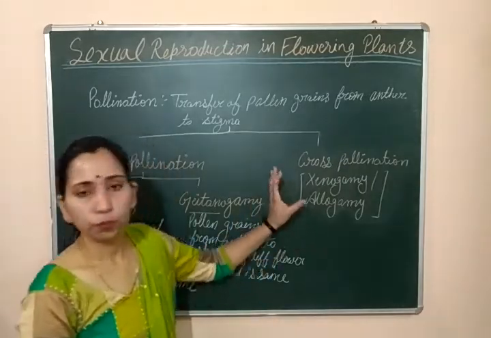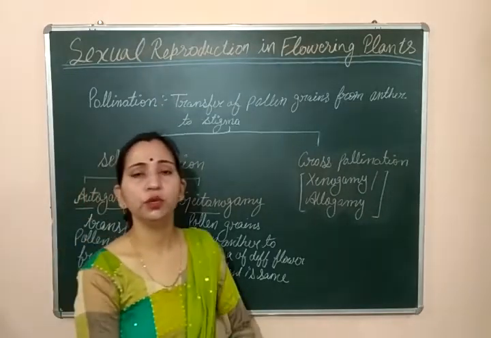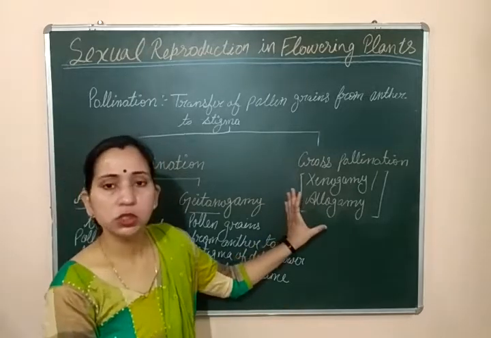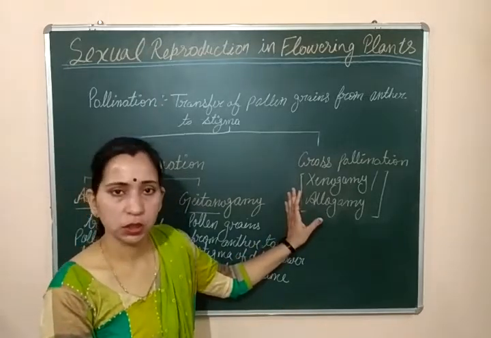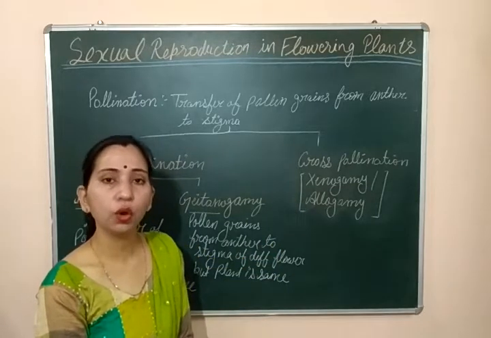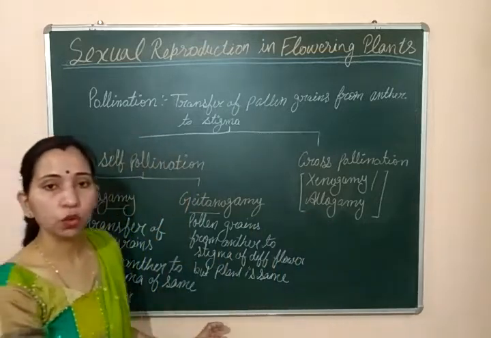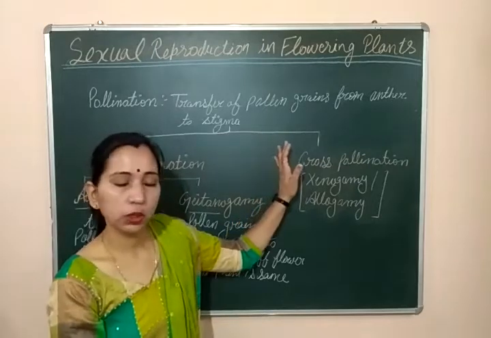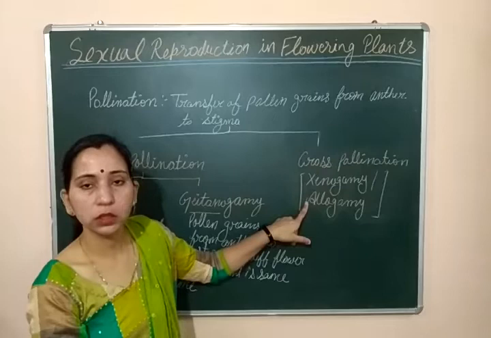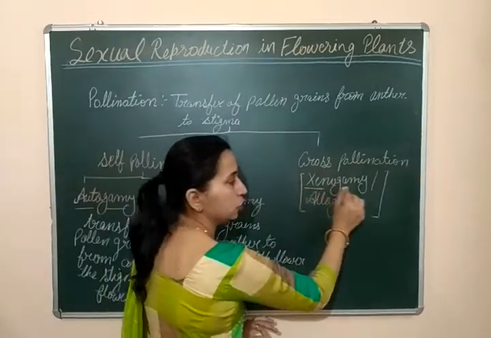Next type of pollination is known as cross-pollination. Cross-pollination is the pollination in which transfer of pollen grains from anther to stigma is done by some pollinating agents, and it is the transfer of pollen grains from one flower to another flower of different plants. So here the plants are also different, flowers are also different, and this cross-pollination is also known as xenogamy and allogamy. These are some technical terms which we use for referring to cross-pollination.